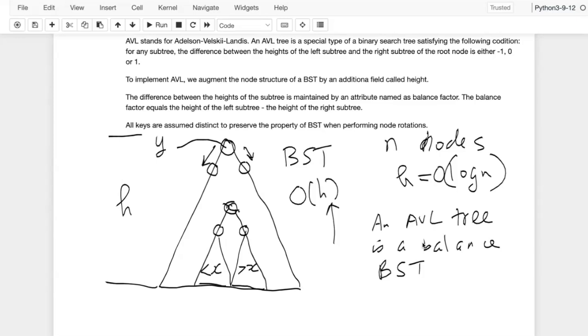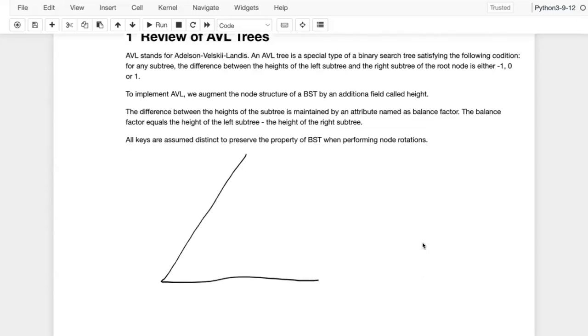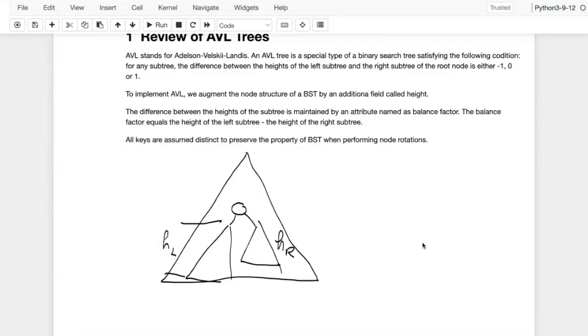of an AVL tree. For any node in the binary search tree, let's say this is any node, we're going to look at its left subtree, and we're going to look at its right subtree. Let's call HL the height of the left subtree, and HR the height of the right subtree for this node.